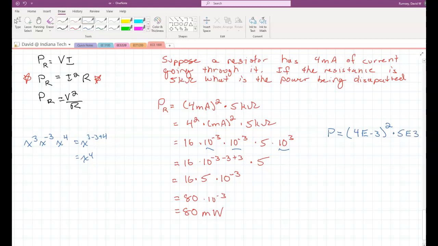Because if you type it differently, order of operations means it's going to square only the exponent, but it's never going to square the 4. The 4 will never get made into 16, which is a problem.